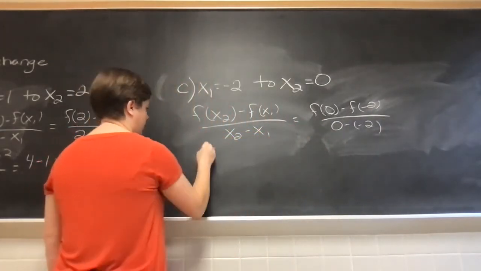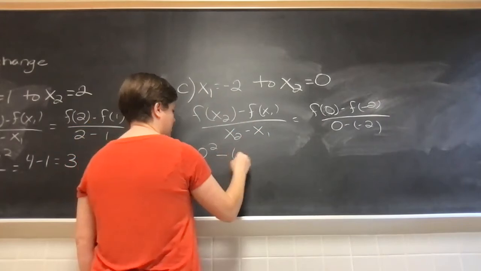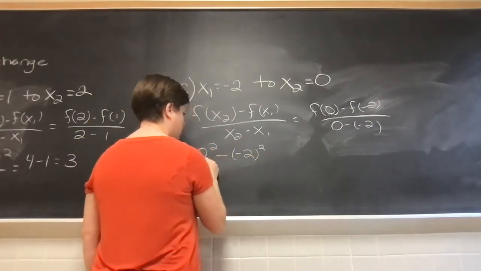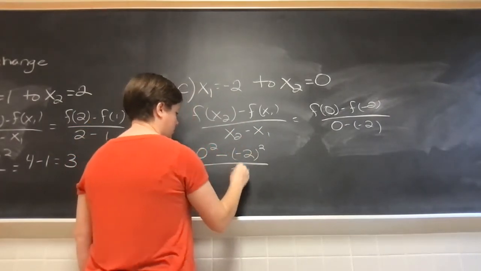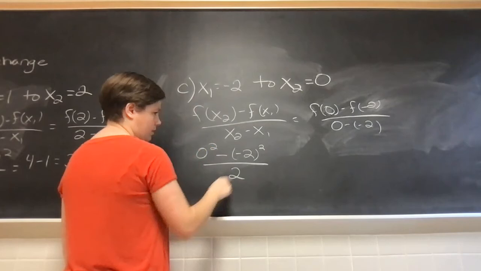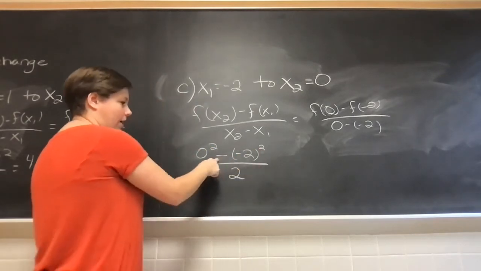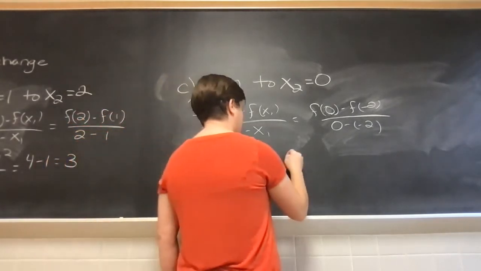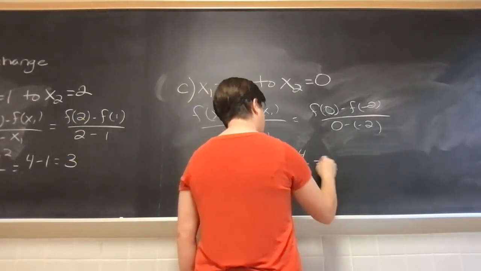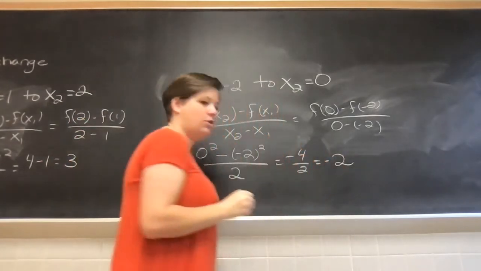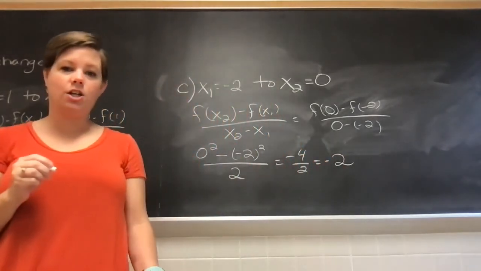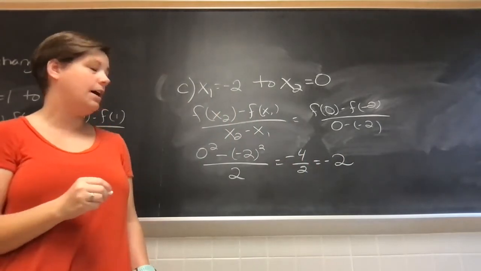So f of 0 is 0 squared minus -2 squared all over 2. Well, you have a -2 squared, which becomes a +4, but we have that negative out front. So that's -4 over 2, which is -2. So we have an average rate of change of -2 on that interval.